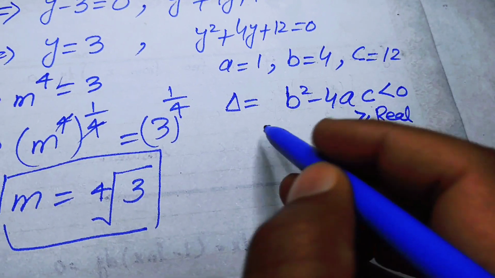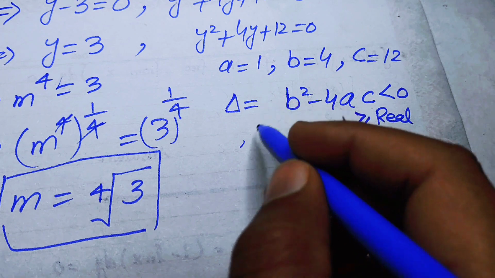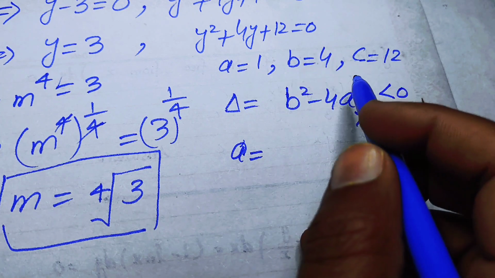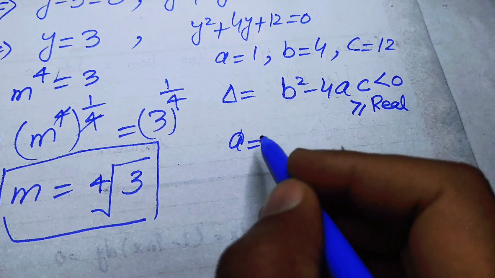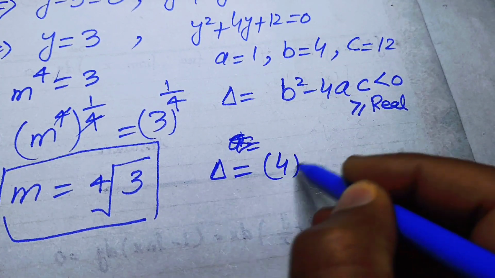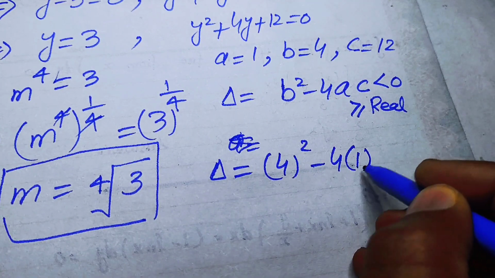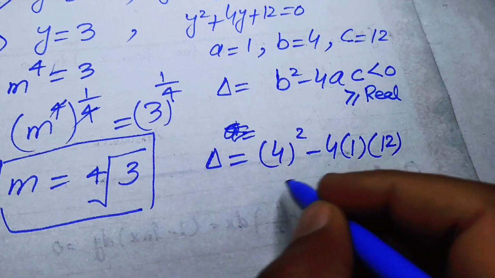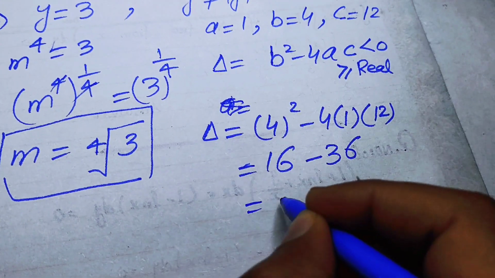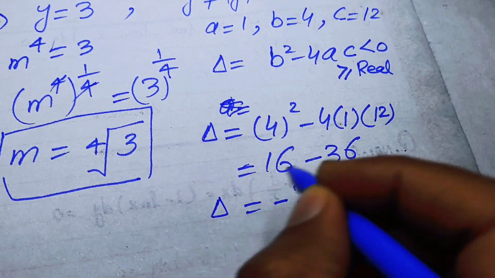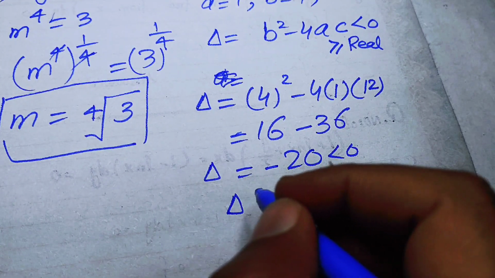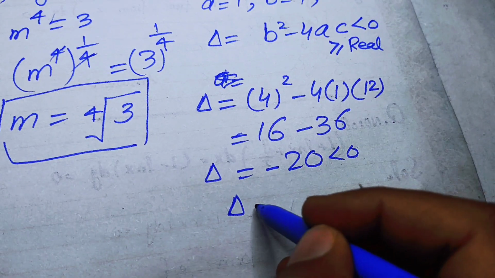Now we substitute the values of a, b and c, and we get delta is equal to 4 squared minus 4 times 1 into 12, which is 16 minus 48, so here we obtain minus 32, and this is less than 0, so our roots are complex.